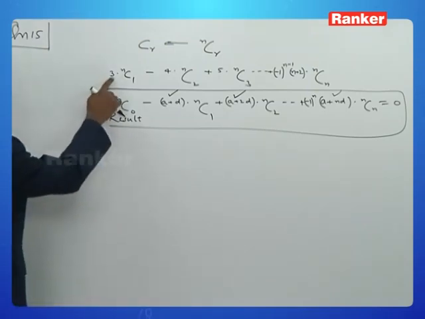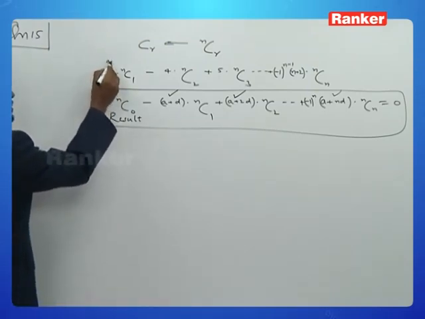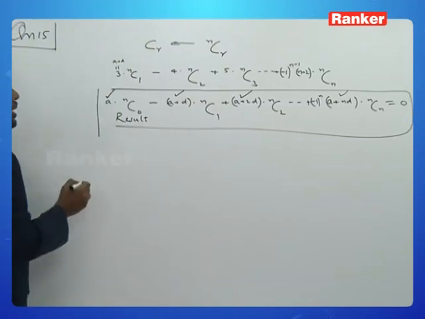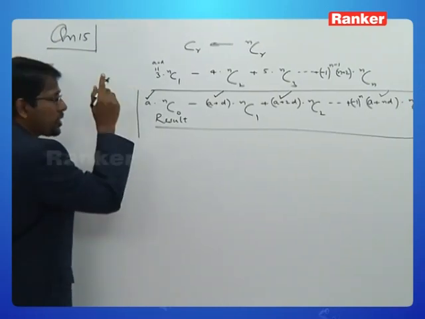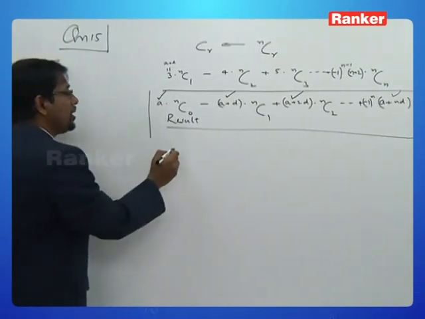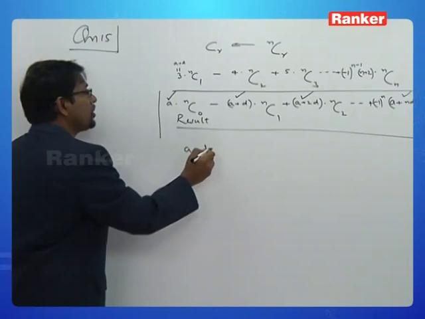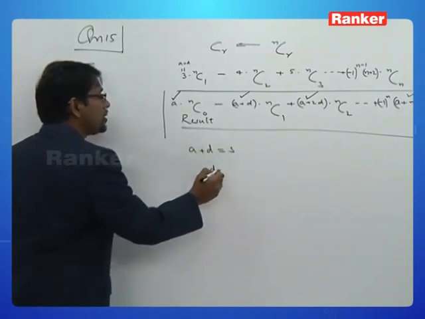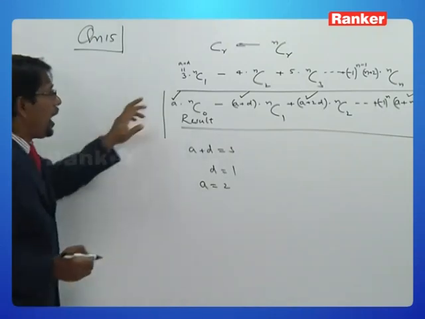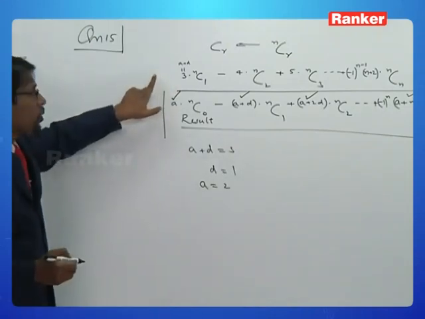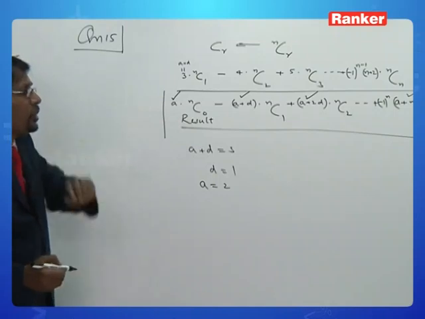Now this must have been a plus d into a plus d is 3. And what is the common difference? Common difference is 1. So a plus d is 3 for you and d is 1. So what should have been a? 2.